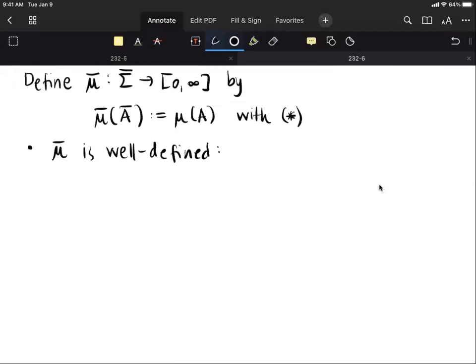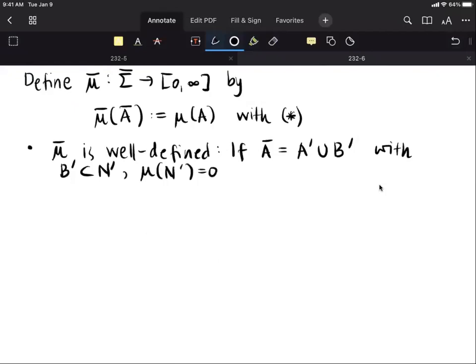Now, of course, we still need to show that the definition of mu bar is independent of the representation as union of elements for A bar. In other words, if A bar can be represented also in this way with primes, okay? So with B prime being a subset of N prime, and the measure of N prime is 0, and A prime, N prime is in sigma.